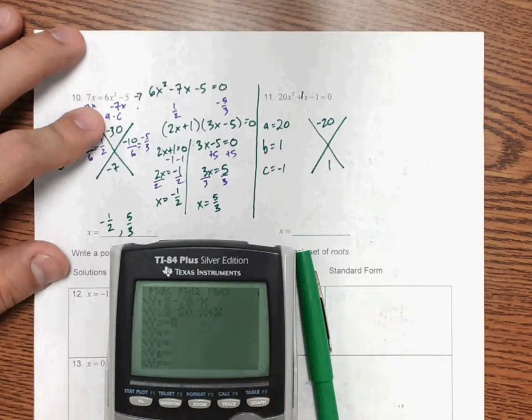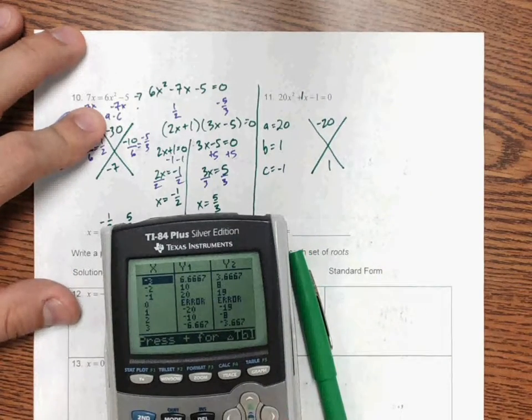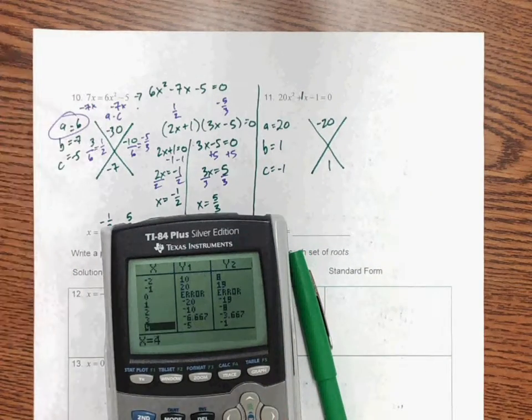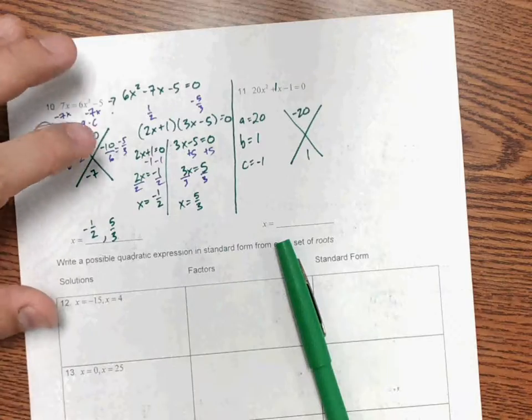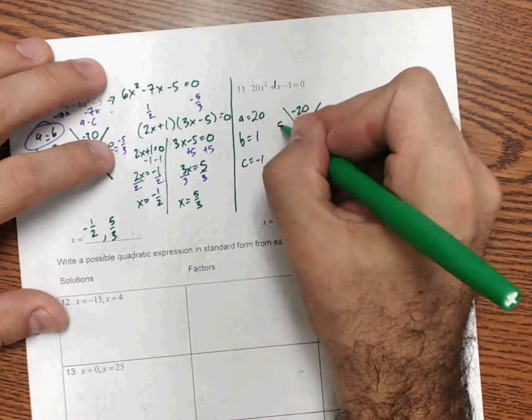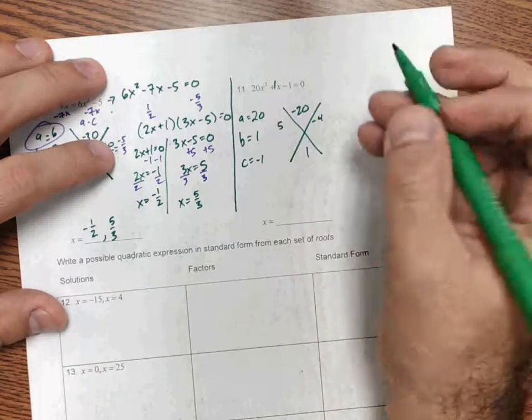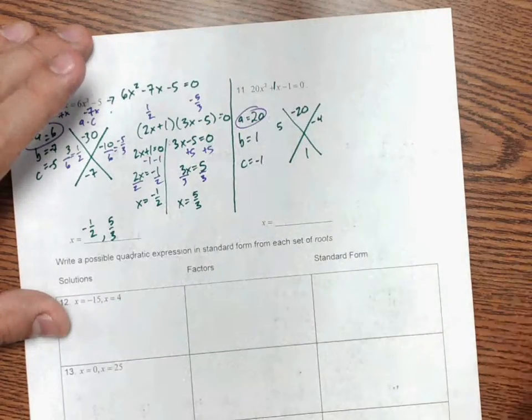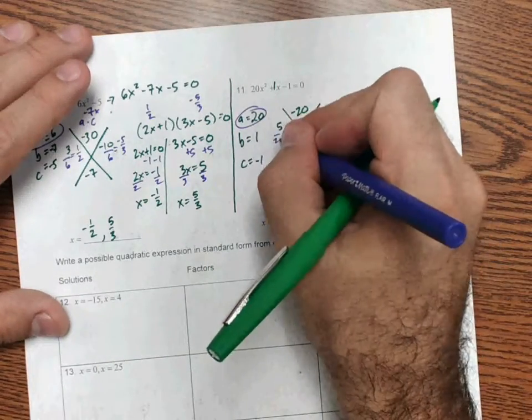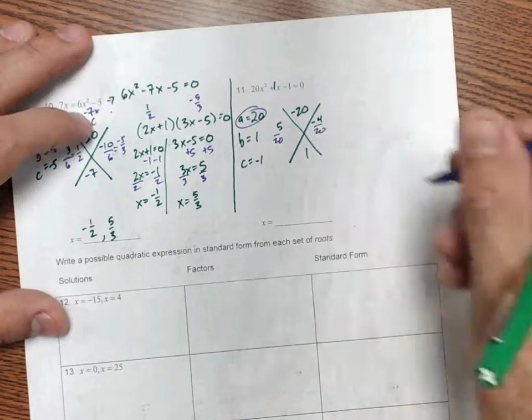So let's go to our table and scroll down, down, down. There's negative 1. There's positive 1. Positive 1 is 5 and negative 4. So 5 and negative 4. I need to divide each of these by a, which is 20. Okay.